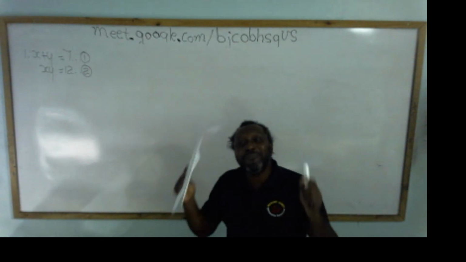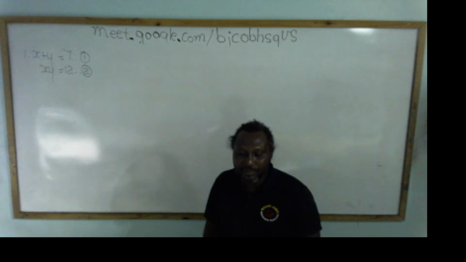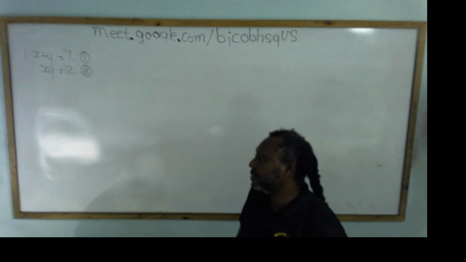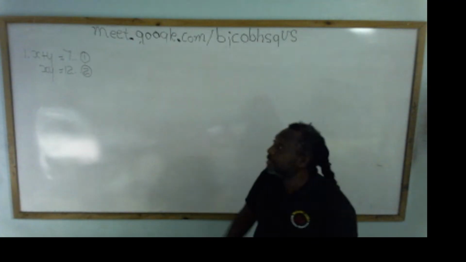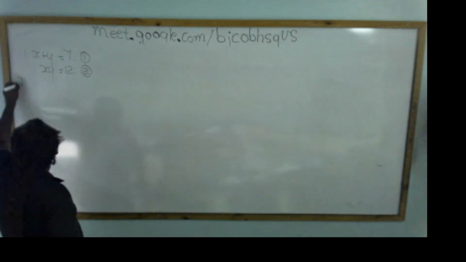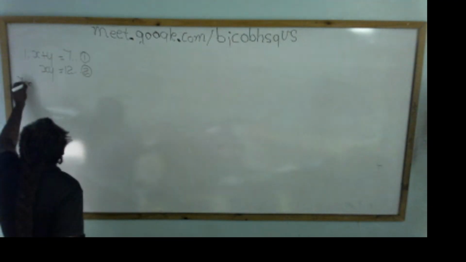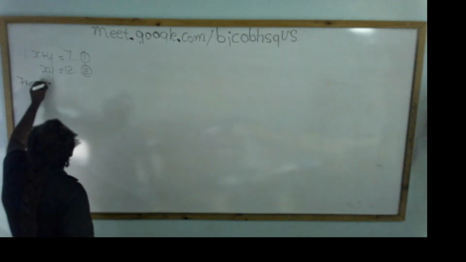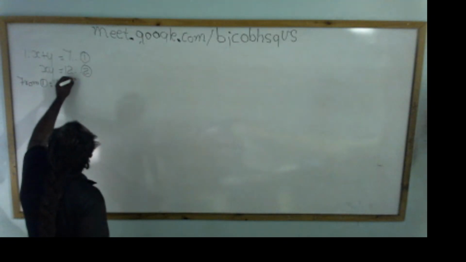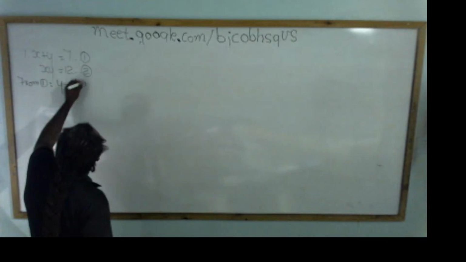But, as you will see, if not today, then Monday, it is not limited to substitution. So let us substitute. From equation 1, y is equal to 7 minus x, and that is equation 3.